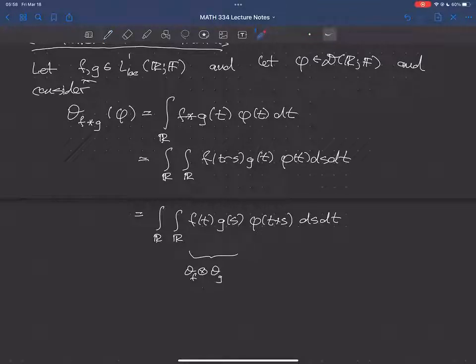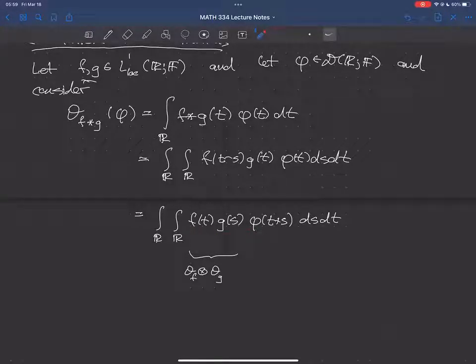If you take a function f of a single variable and g of a single variable, and take the distributions corresponding to those, then the tensor product of those distributions, as a function of two variables, is exactly the distribution corresponding to that. So the point is, this is some distribution in two variables.